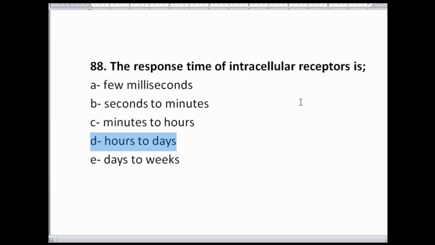These receptors are present inside the cell, and most of the receptors for androgens and other steroid compounds lie inside the cell, and for them to respond they will take hours to days. So D is the correct answer in this MCQ.